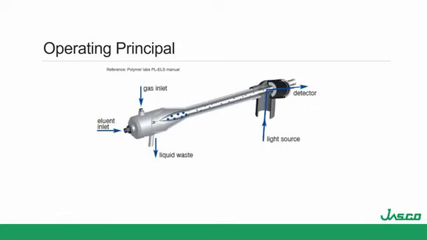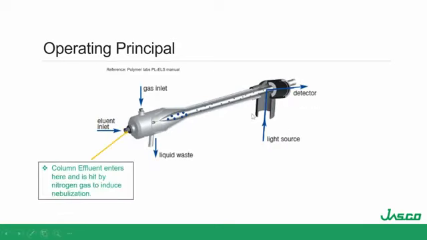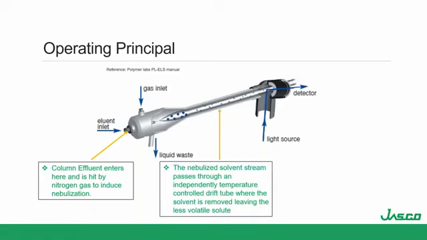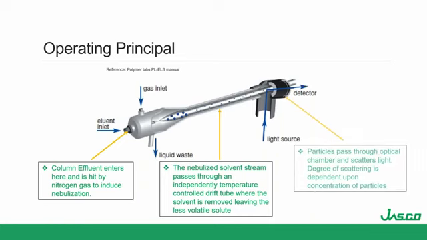So the operating principle: your column effluent enters here and is hit by nitrogen gas to induce nebulization. The nebulized solvent stream passes through an independently temperature-controlled drift tube where the solvent is removed, leaving just the solute. And then finally, the particles pass through the optical chamber and scatter light.